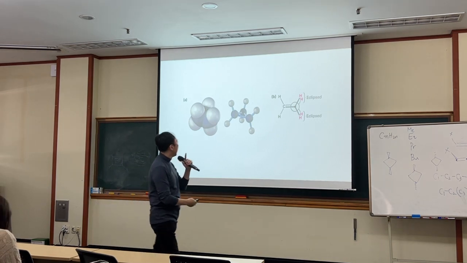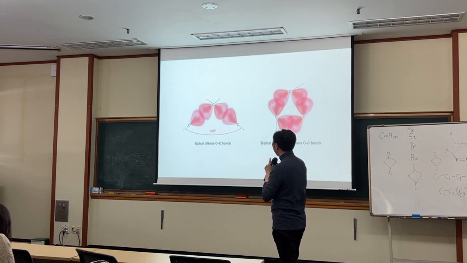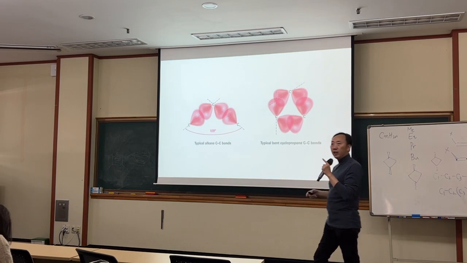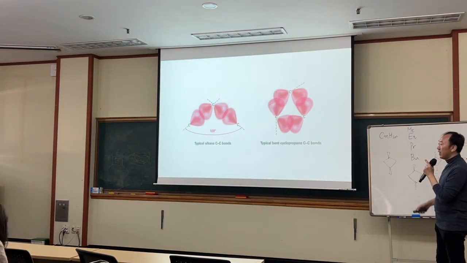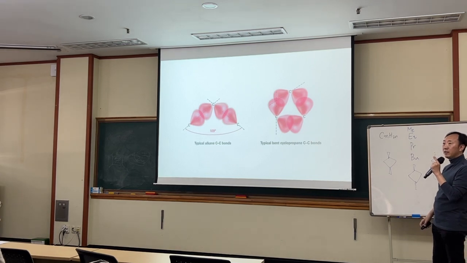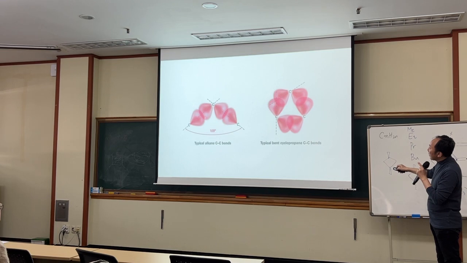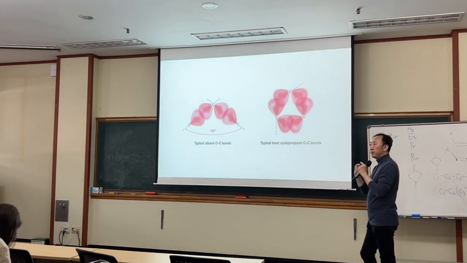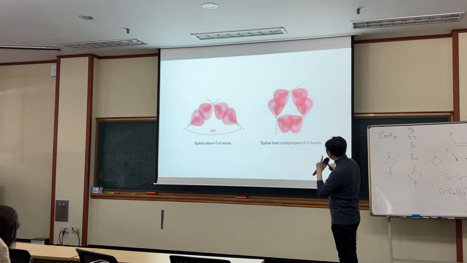So that means if this is 109 degrees of sp3 linkage, then in the cyclopropane structure, this is 60 degrees. So this overlapping is stronger and bigger, and then the bond is also stable. But this is pushed out like this. Originally 109 is pushed out, so it's partially overlapped.